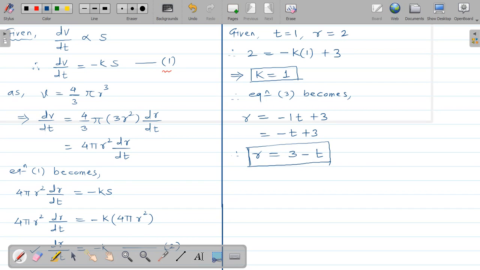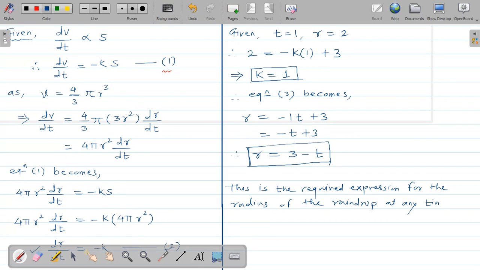So this is the required expression for the radius of the raindrop at any time t. So this is our answer, r is equal to 3 minus t. So see all the steps here.